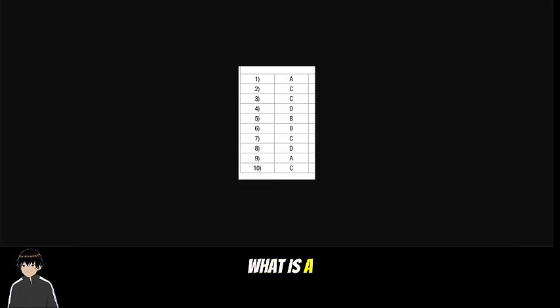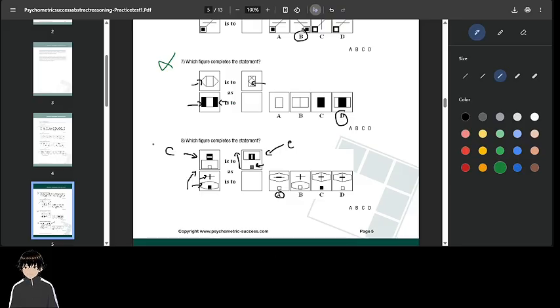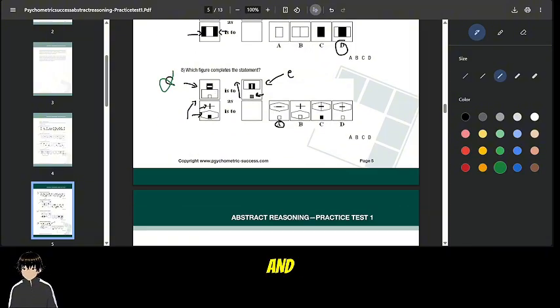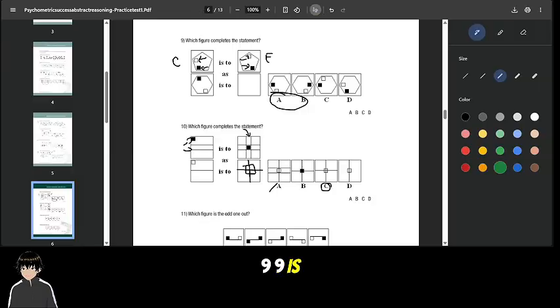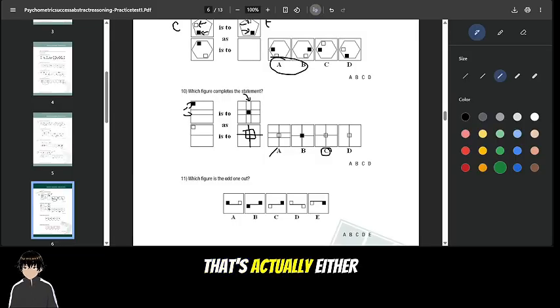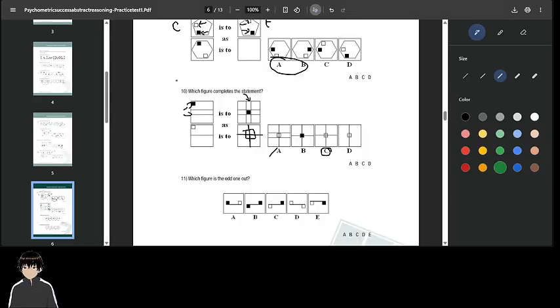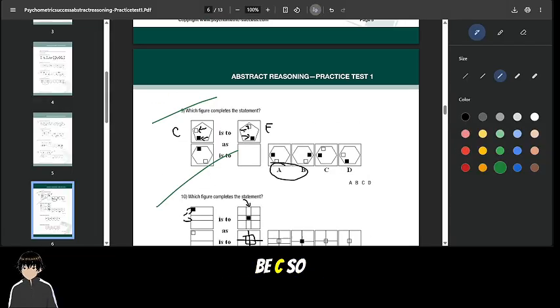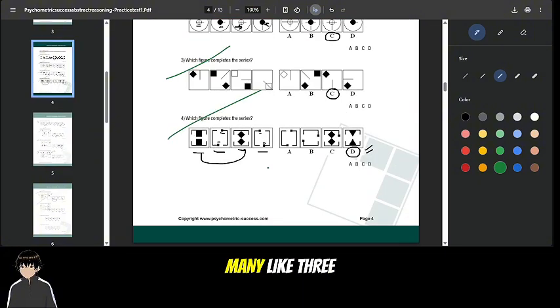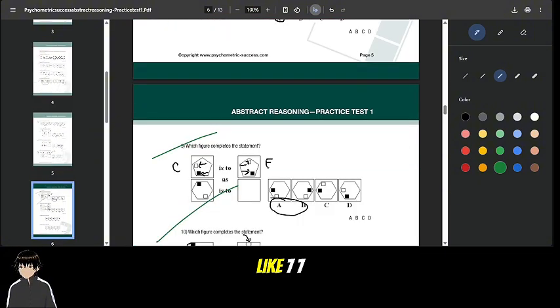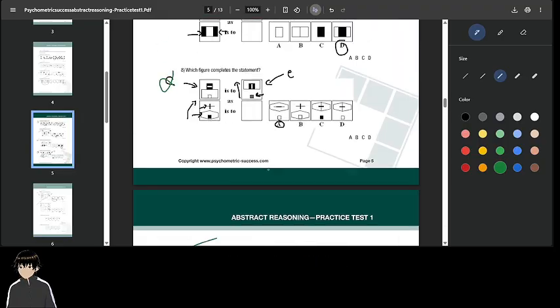What is 8? It's D. Okay, okay. So it's D, and 9. 9 is A or B. C. Yeah, yeah, C. You see that? That's actually either A or B. I knew it was either going to be A or B, and it's going to be C. So I got like 7 questions right.